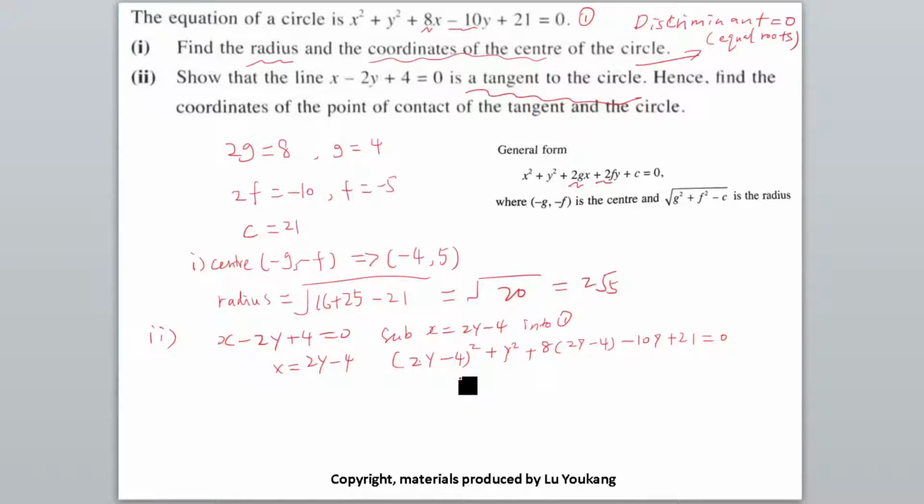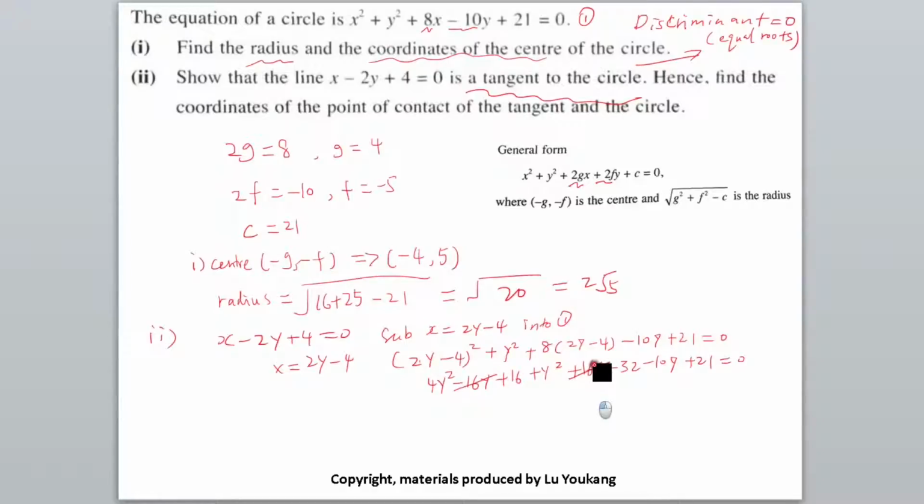So I have already subbed in my x equals 2y minus 4 into equation 1. My job now is to open the brackets. And you should get 4y squared minus 16y plus 16 plus y squared minus 16y minus 32 minus 10y plus 21 equals 0.